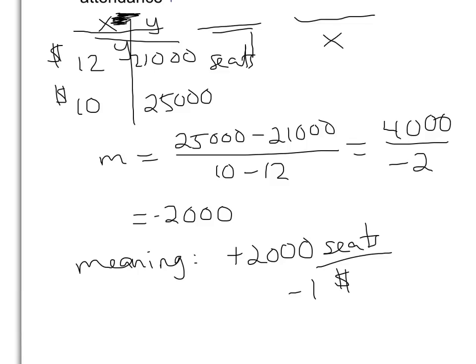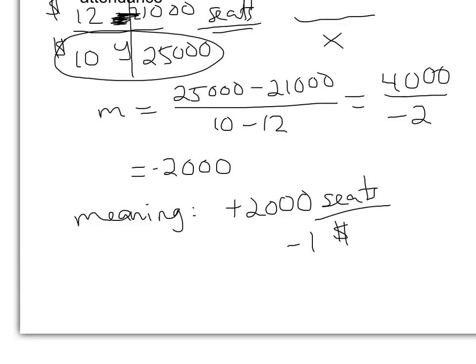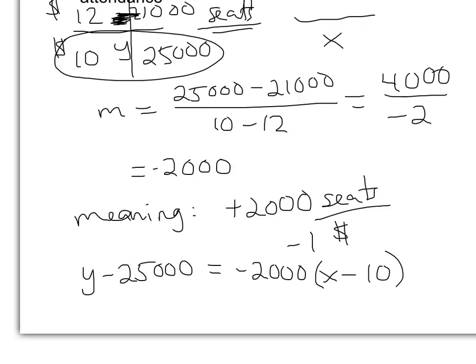And now we're going to use that slope and one of the points. Let's take this one right here, since it will stay on the screen as I move this up. And let's talk about the equation of the line. So it's going to be y minus the y coordinate, in this case 25,000, equals the slope, which was negative 2,000, times x minus the x coordinate, which is 10.